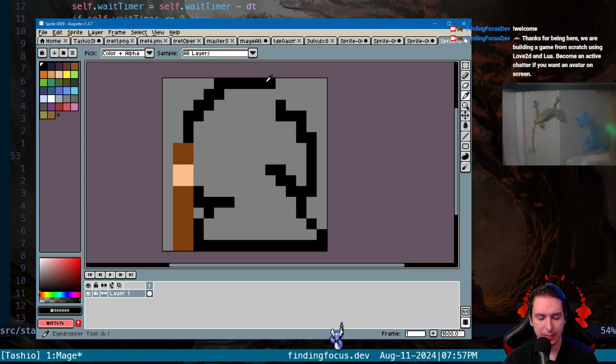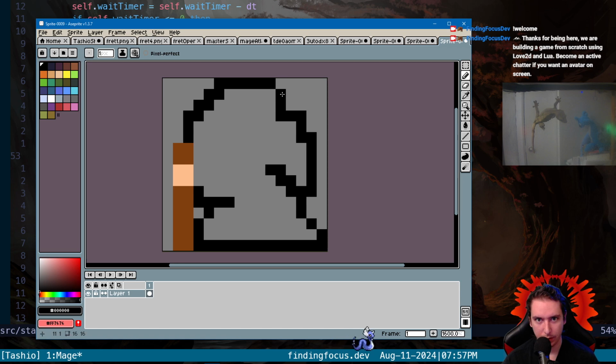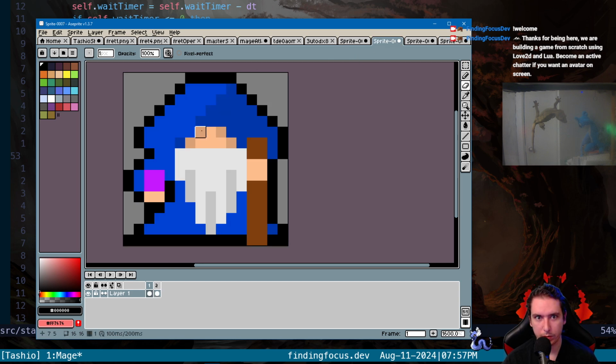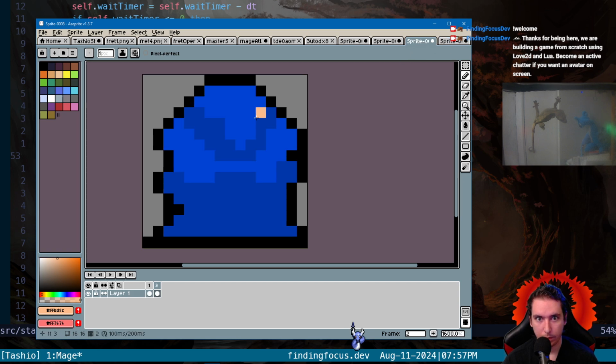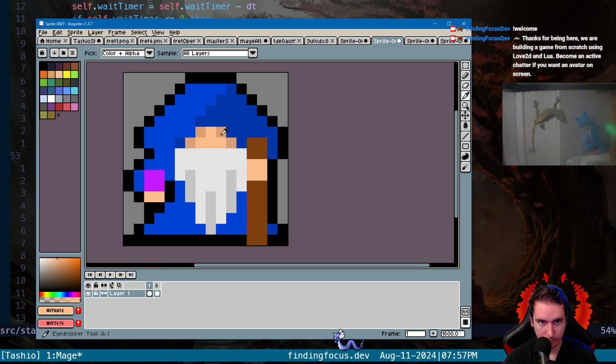I think if we get his nose placed in there, it'll be easier to do the rest of this stuff. So his nose is going to be... and then get his beard in there too.